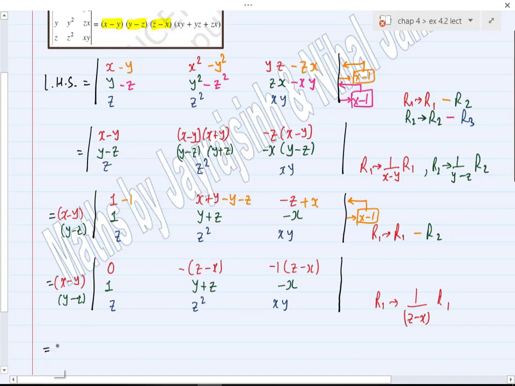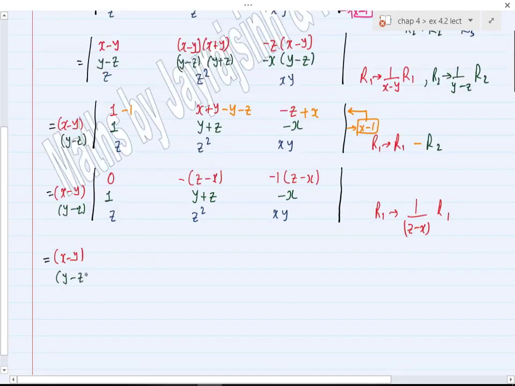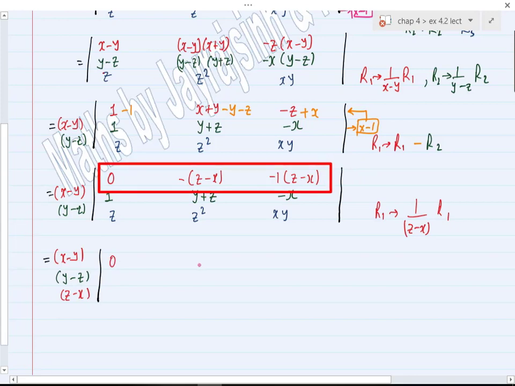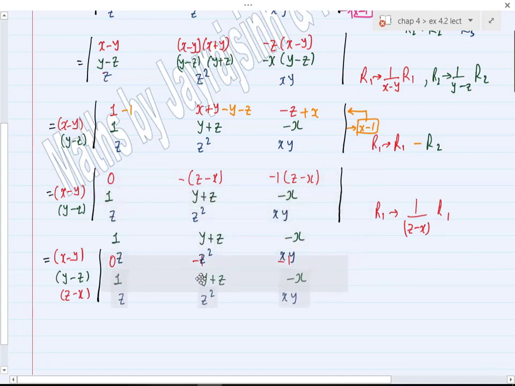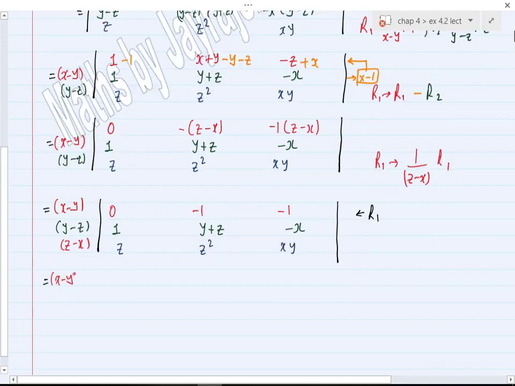So now we get x minus y, y minus z, and z minus x. So your first row will be 0, minus 1, and minus 1. And again, your second and third row will be as it is. This x minus y, y minus z, and z minus x be as it is.